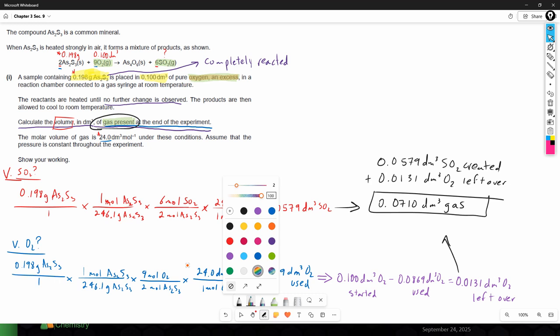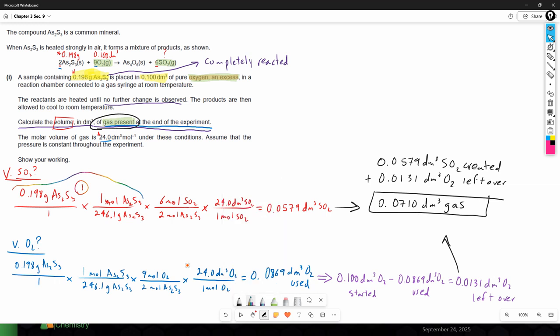We'll use rainbow. So we get 1 point right here for this conversion from here to here. We get another point for this answer right here, the volume of our SO2 that's created. We get another point right here for figuring out the volume of O2 used.